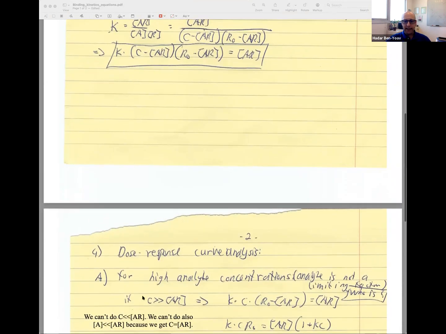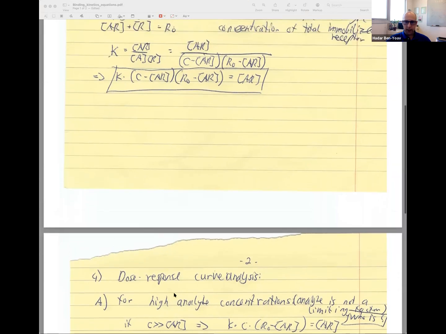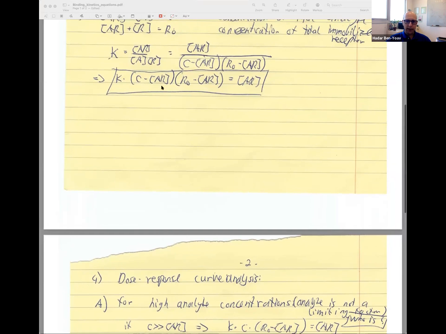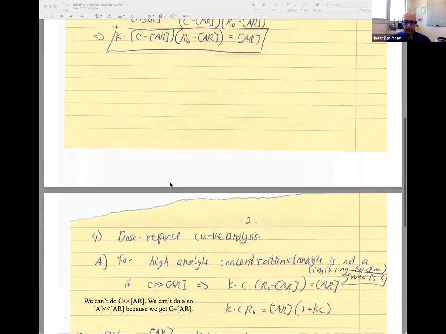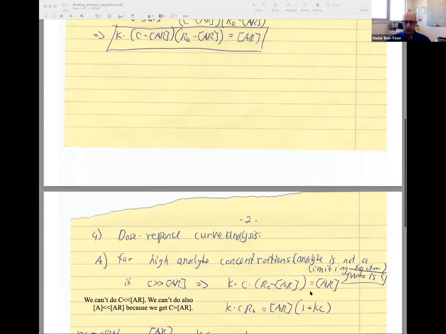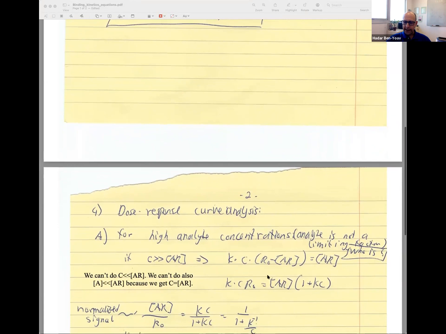What happens here is C is much, much bigger than the complex AR, meaning that in K times C times this one, we can neglect this part. This is what we see: KC R0 equals this part, and we take AR on one side, and we divide this part by 1 plus KC.